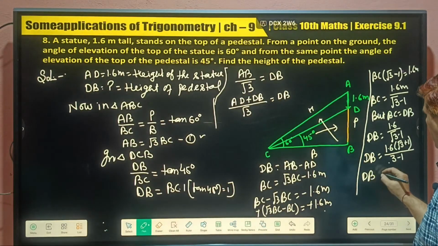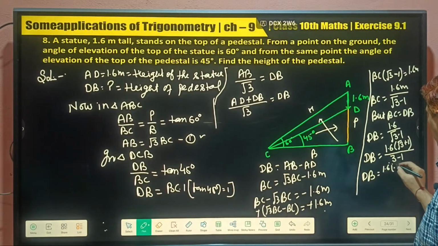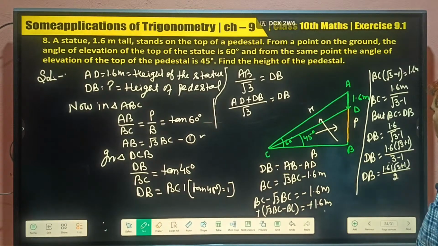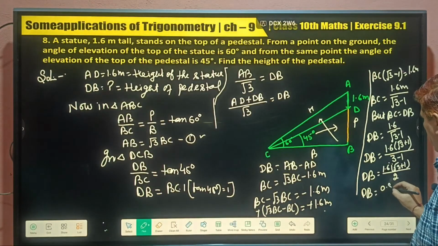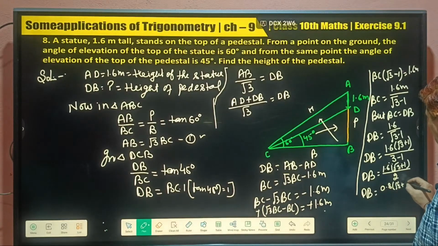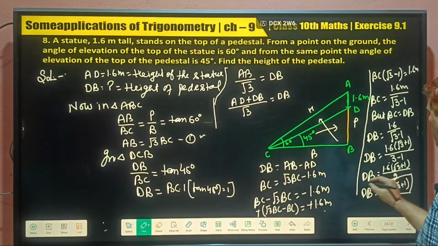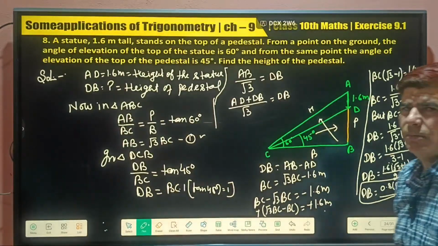So DB is equal to 1.6 into root 3 plus 1 by 2. If you solve, DB is equal to 0.8 into root 3 plus 1. So this is your answer after simplification.